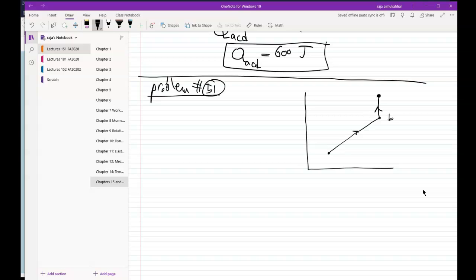This is B, this is A, this is C, and then the point here is 8. And the point here is 2, and the point here is 0.01, and the point here 0.07, and that's V in meters cubed.